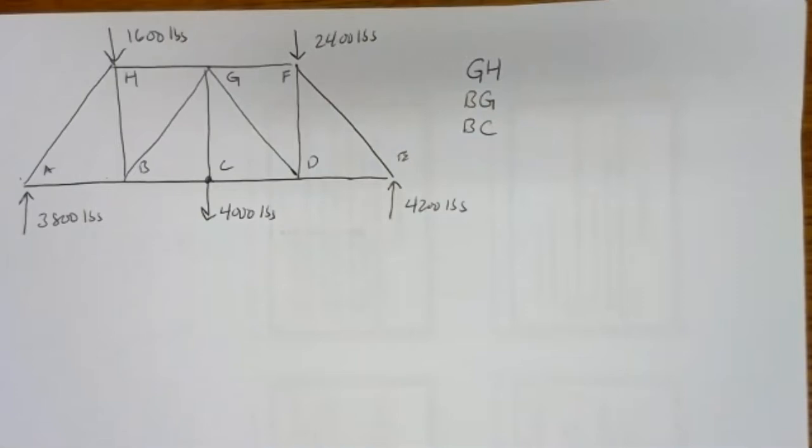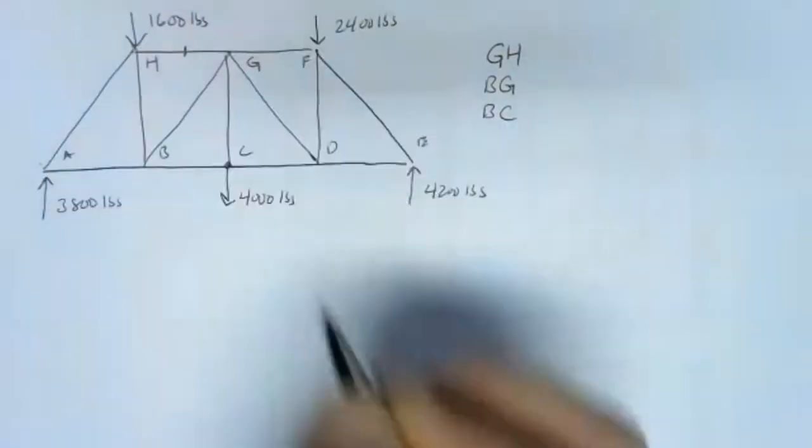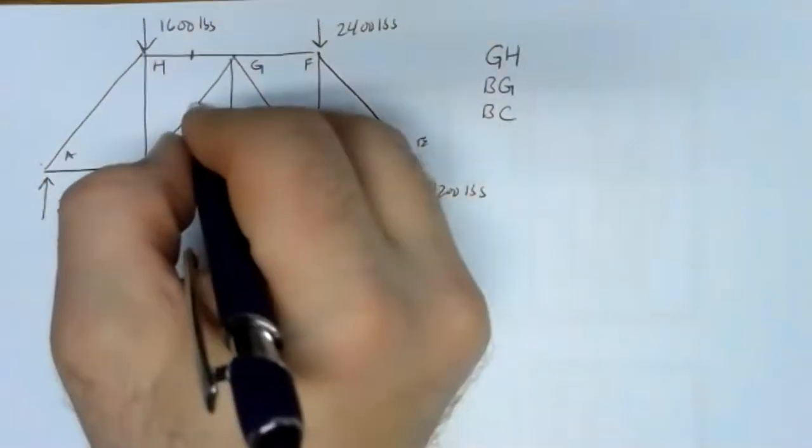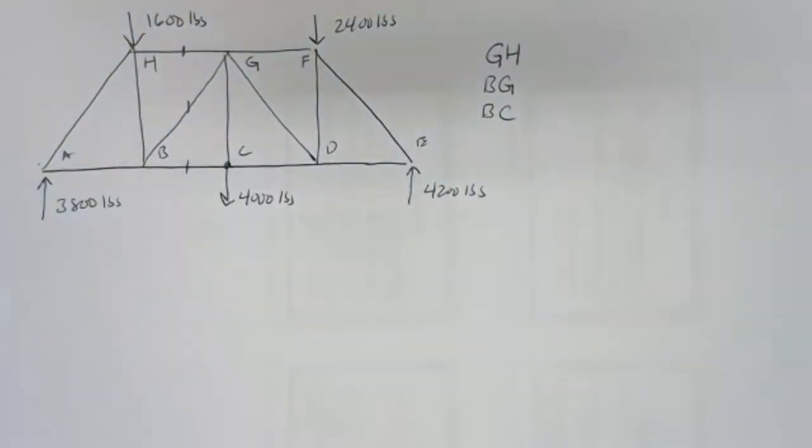Well, to figure out what to do next, it's a good idea to go and tag those members. So member GH is right there, member BG is right there, and member BC is right there. Now those all line up, which means I could cut through them and only cut through those three members, not be forced to cut through another.